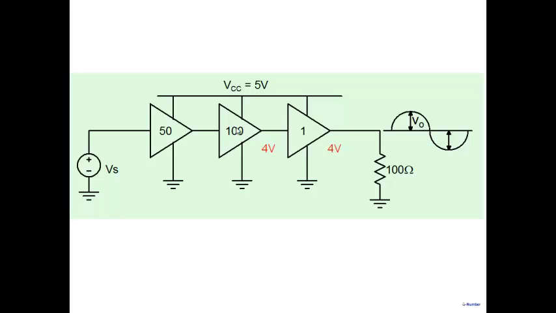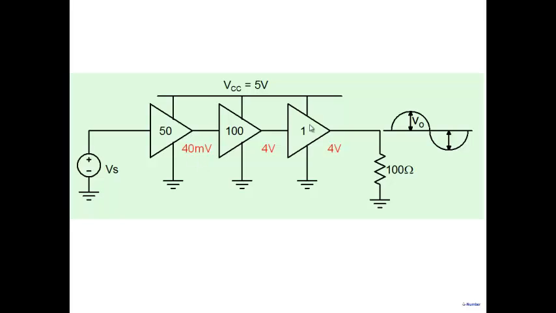But then this amplifier has a gain of 100, and therefore the swing that is required of the first stage is only 40 millivolt, 4 volt divided by 100. So note that when I have a multi-stage amplifier like this, swing is important obviously for the last stage. Swing may not be as important for your first stage, because all you require is 40 millivolts.